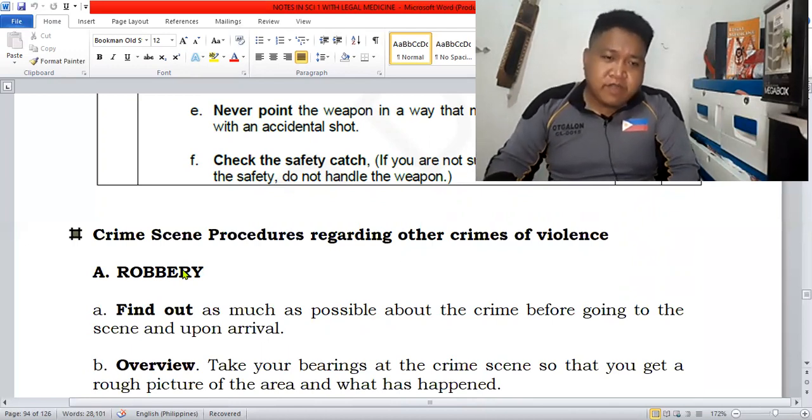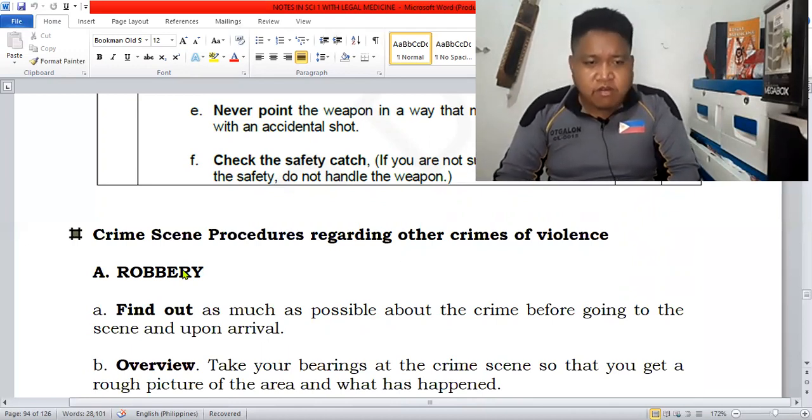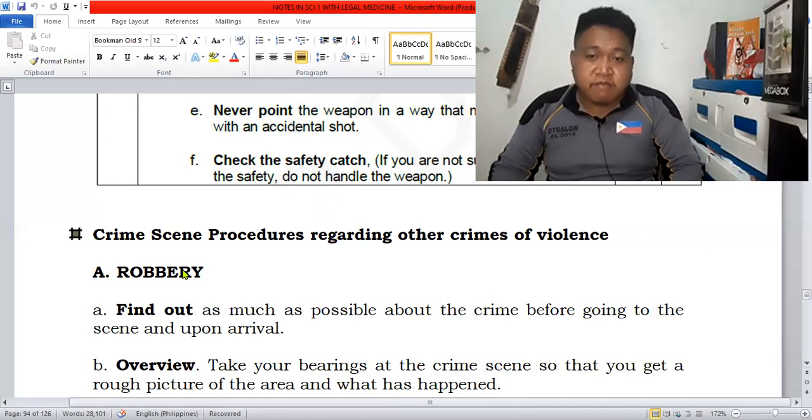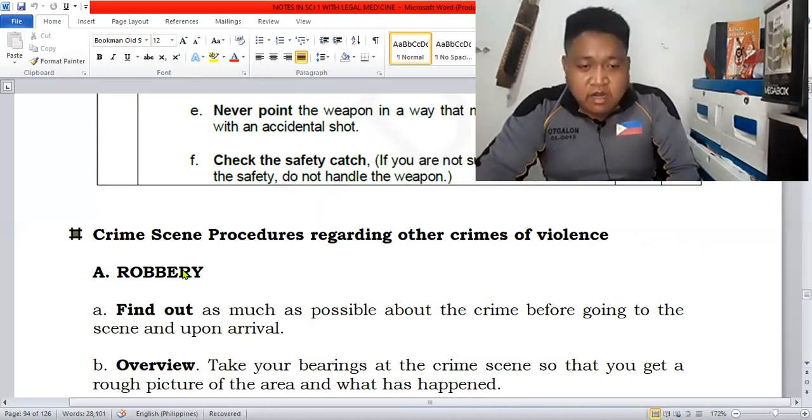Yan, common yan. That is why kailangang alamin mo bago ka pumunta, baka ikaw pa ang maging victim of that crime, no? So kailangang aralin mo kung gaano kaseryoso at komplikado ang sitwasyon.